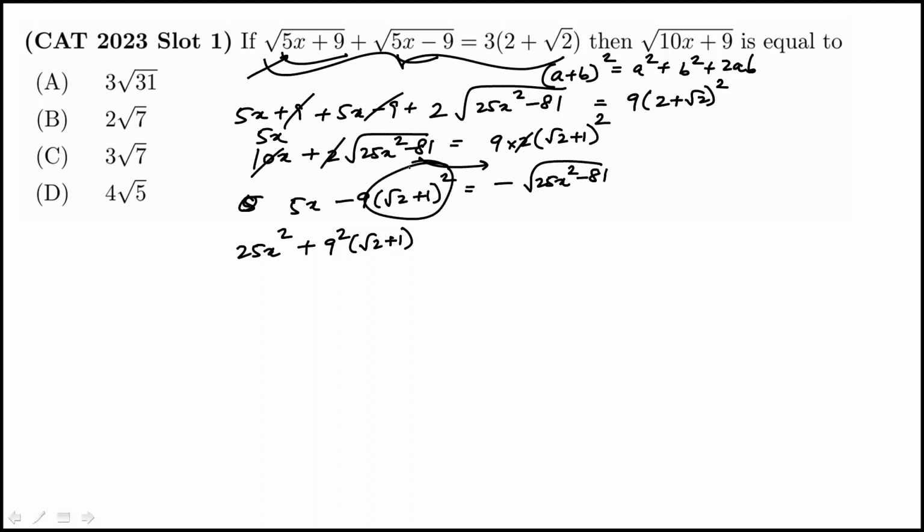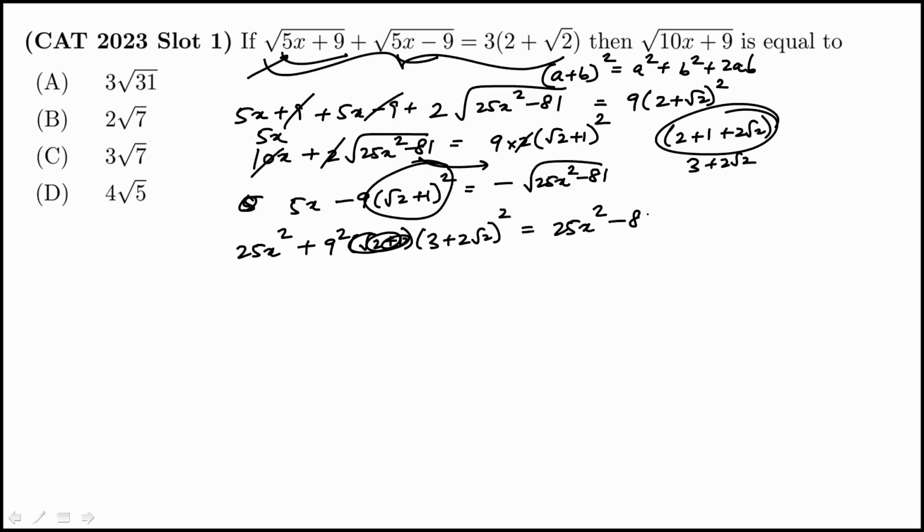Actually, I'm going to square this. So that's 2 plus 1 plus 2 root 2. So that's 3 plus 2 root 2. So instead of that, this would be 3 plus 2 root 2 square. And then this side would be 25x squared minus 81. And I would also get product of those two minus 10x times 9 times 3 plus 2 root 2.